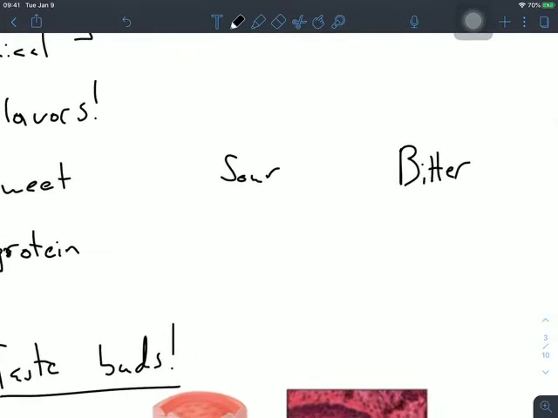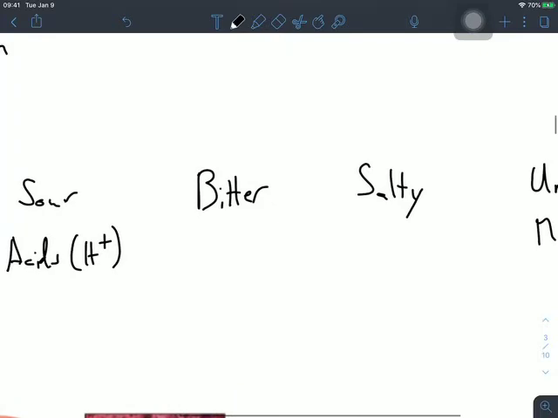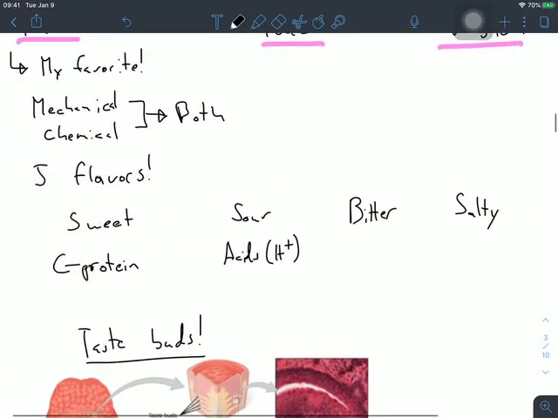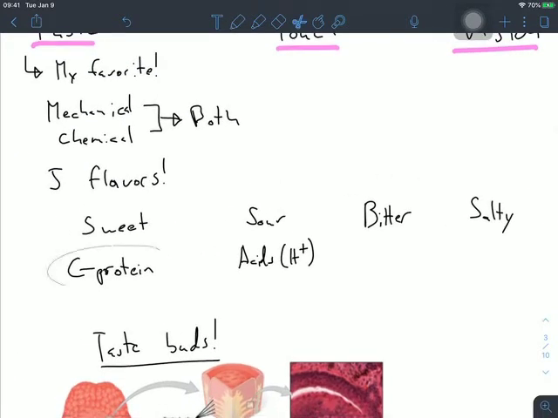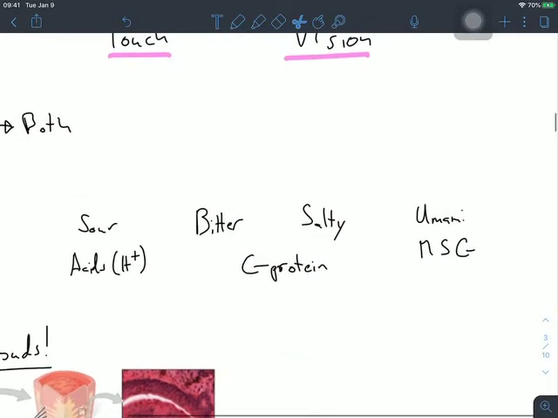Our sour receptors rely on acids that have hydrogen ions. Bitter and salty are also G protein coupled. Bitter is G protein coupled.